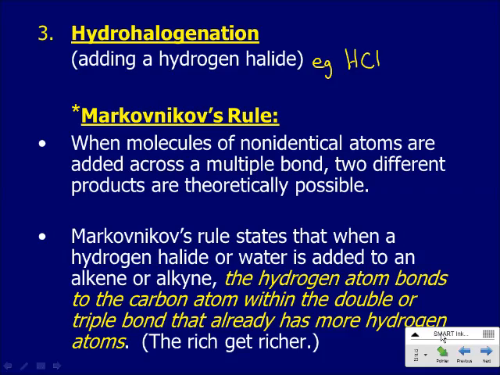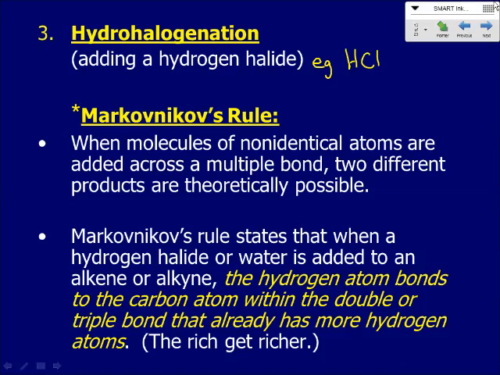Now, it turns out that when we do this maneuver, there's a question on where to put the hydrogen and where to put the halide. Because now we have the opportunity for 2 different products, because I'm adding 2 different atoms.